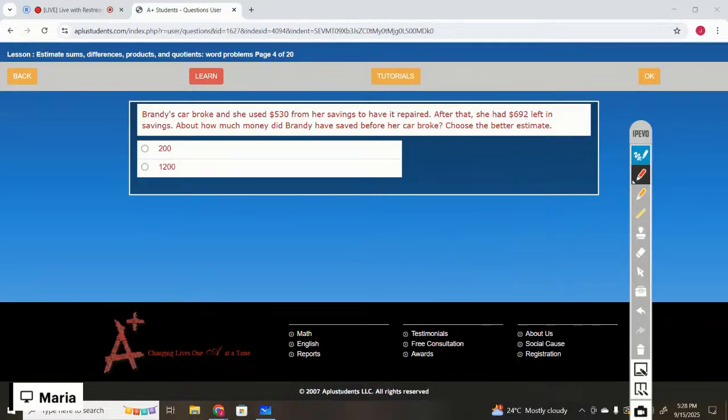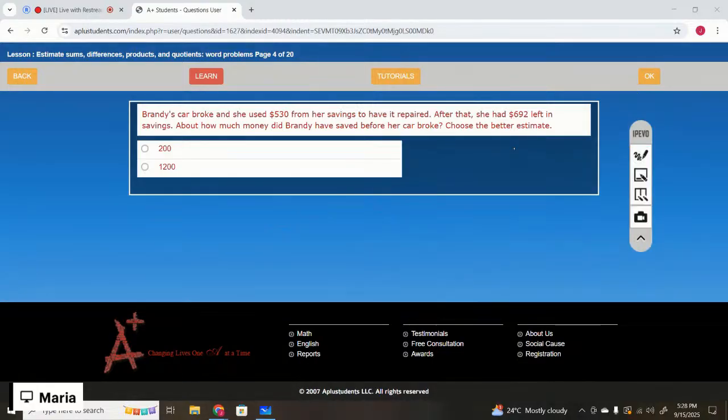About how much money did Brandy have saved before her car broke? 530 plus 692. 530 is rounded to 500, 692 is rounded to 700. That would be 1200. Option number 2 is the correct option.